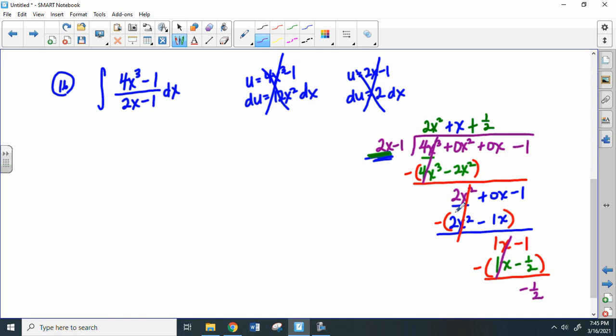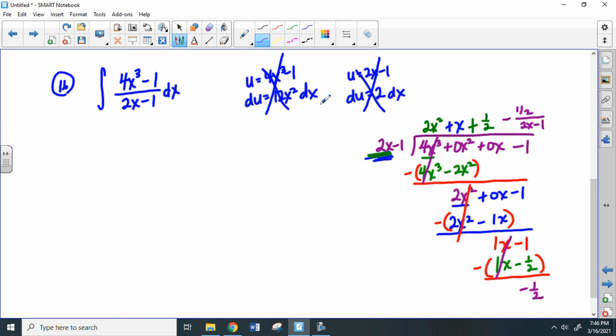There's no way to go from a 2x to a negative 1/2 without an x. And so this negative 1/2 is your remainder, all right? And I don't know if you remember how remainders work with long division, but your remainder literally goes on top of your divisor, or what you were dividing by, which is 2x minus 1, okay?